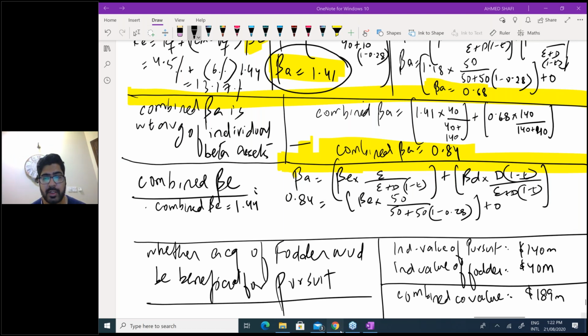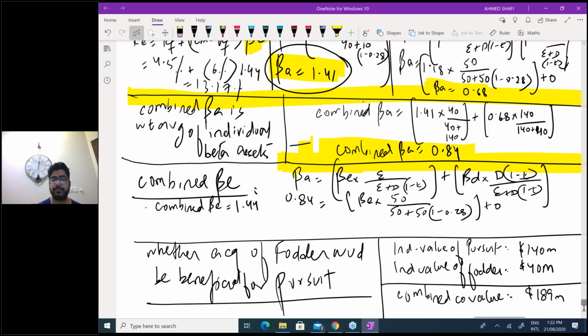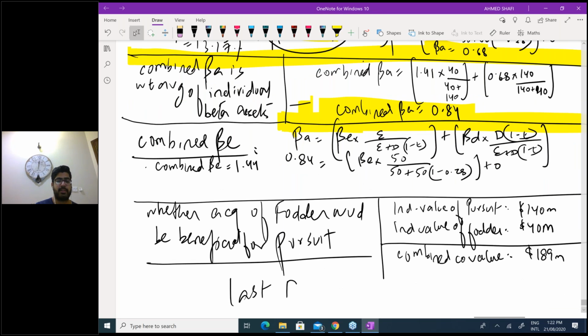M14. Wait a minute, Jakir. M14 is... I've written the formula as well. It's the last year's discount factor over WACC minus growth rate. I've written it again.